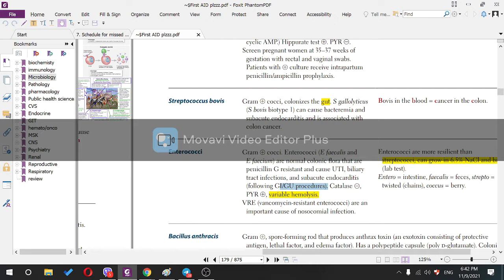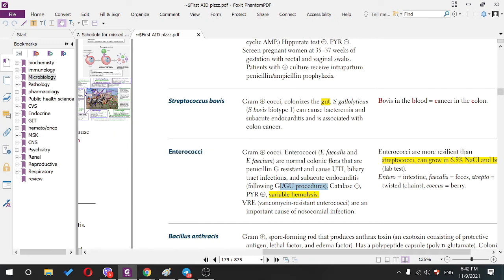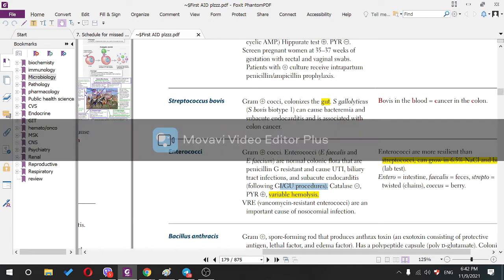And then he gets, after what? Strep bovis. Oh, bovis, you get it if it's associated with someone who has colorectal cancer. So he has colorectal cancer, and you start highly suspecting what, and he has endocarditis.